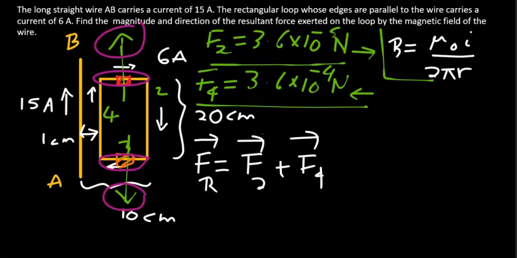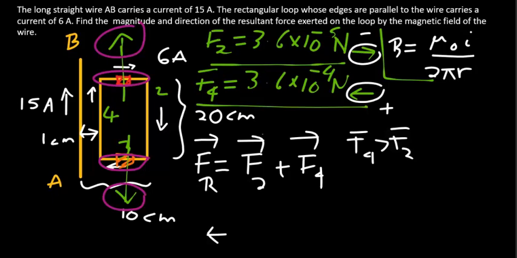Now if we take the leftward force to be plus, then the rightward force can be taken to be negative. So the resultant force will be going in a leftward direction because F4 is greater than F2.